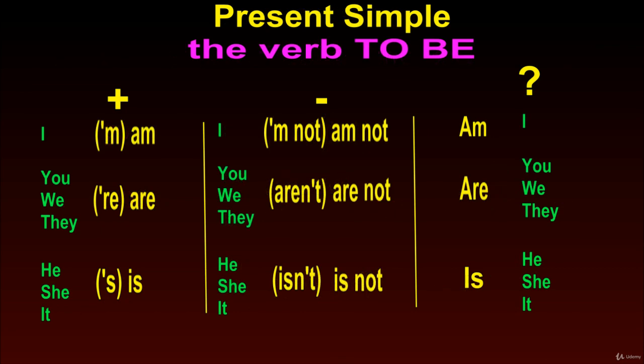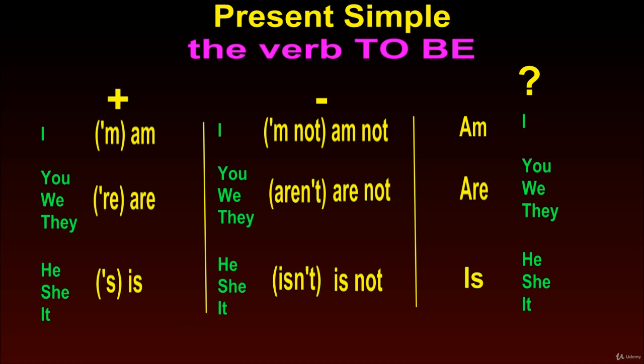Also, you have to remember how to say the sentences in the present simple tense with the irregular verb to be. So in the positive sentences, it is I am or I'm, you, we, they are, or you're, we're, they're. And for he, she, it is, he's, she's, it's. If you want to say the sentence in the negative form, you just add particle not.